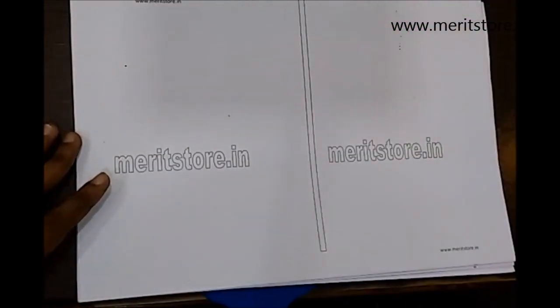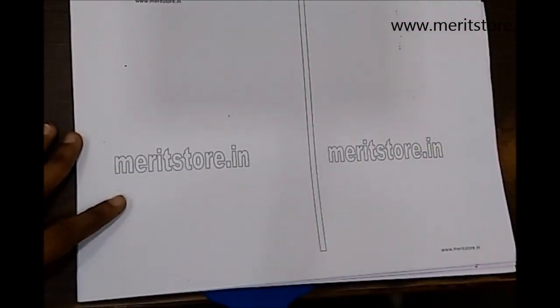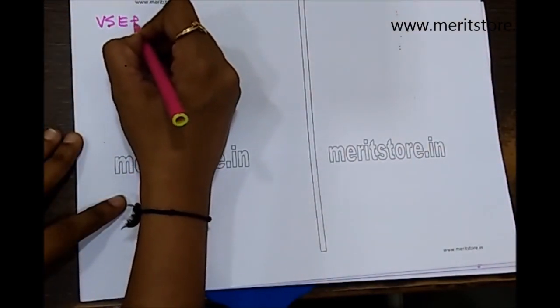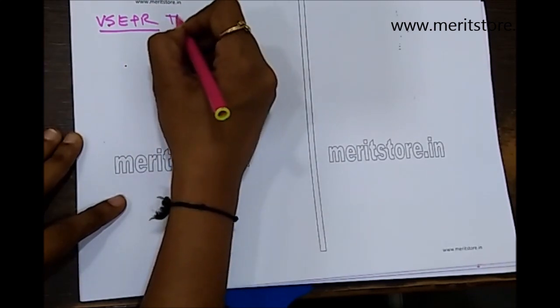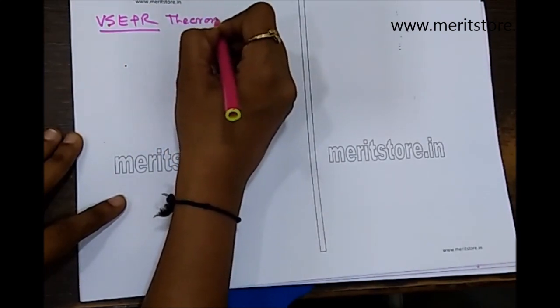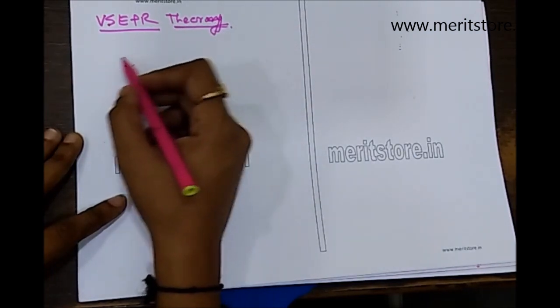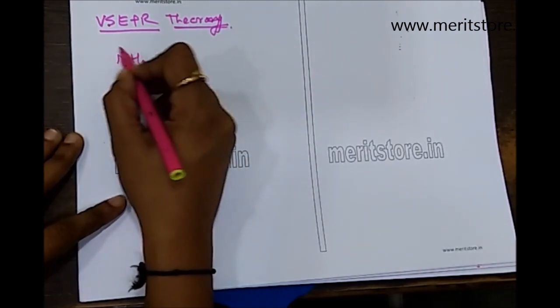But in the case of the next theory, it is the valence shell electron pair repulsion theory, VSEPR theory. Let us talk about a molecule like ammonia.